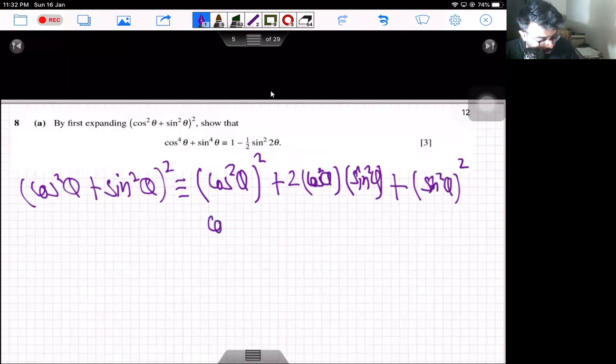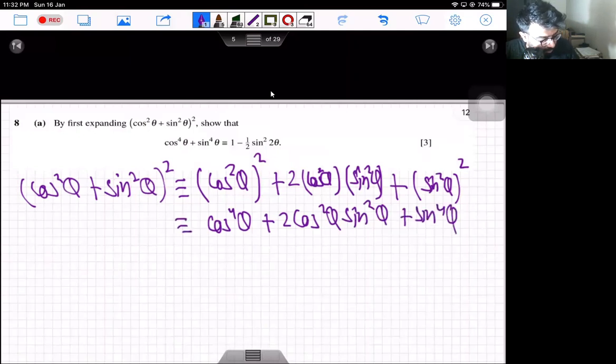So this is cos⁴θ plus 2 cos²θ sin²θ plus sin⁴θ. This is exactly equal to (cos²θ + sin²θ)².